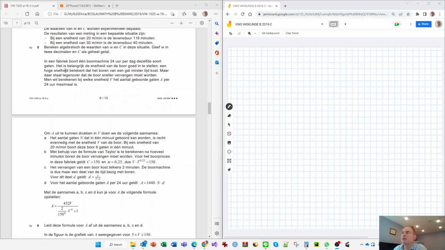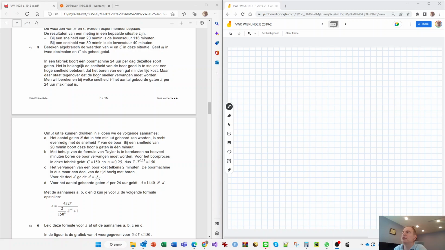Question 6. In the factory we have a drilling machine that for 24 hours is drilling the same kind of holes. Oh my god, this is a messy question.